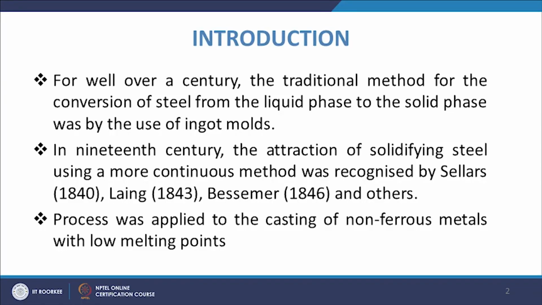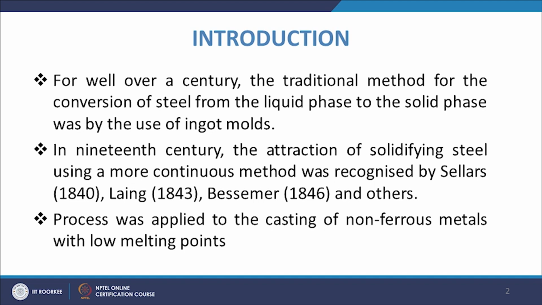So, in the 19th century, the attraction of solidifying steel using a continuous method was recognized by Sellers in 1840, Lang in 1843, and Bessemer in 1846, and even others later on.